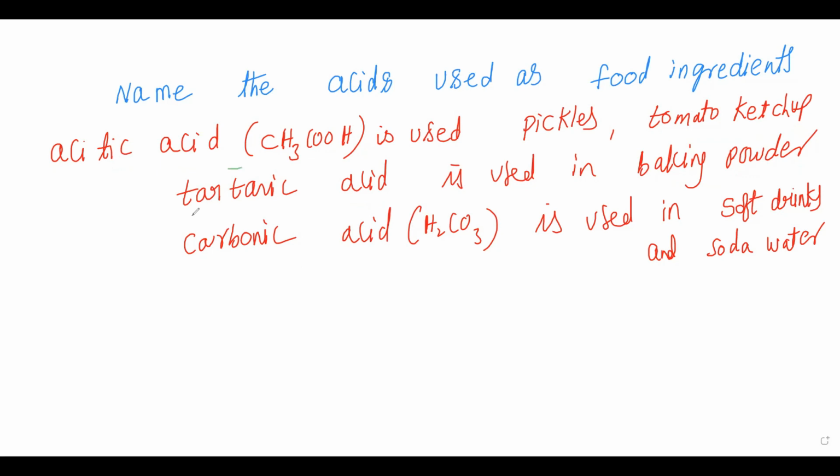When you add tartaric acid to baking powder, the cake becomes very spongy and fluffy. We'll know the reasons in later classes. Just note down that these are the acids used as food ingredients. These are weak acids, so they are safe to eat or drink. Got it?